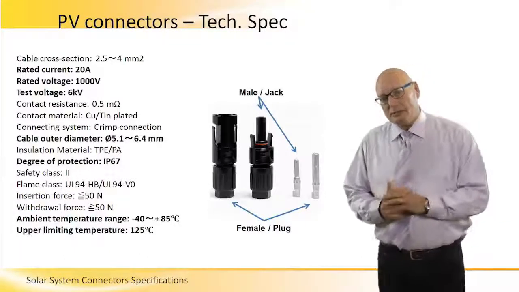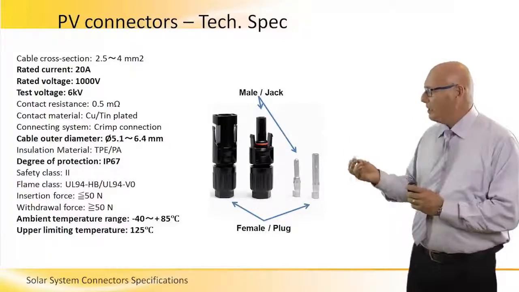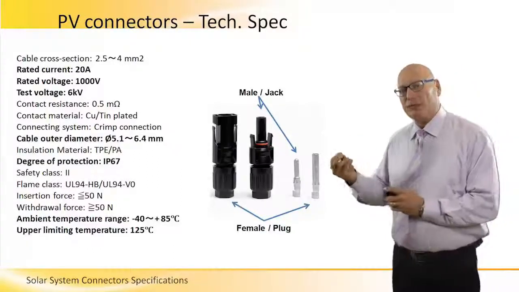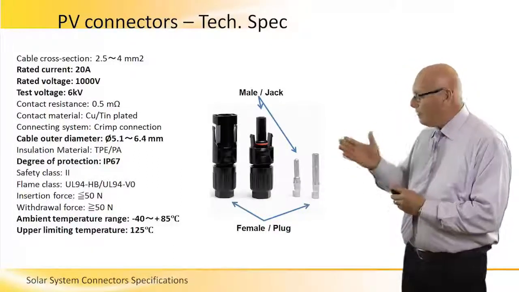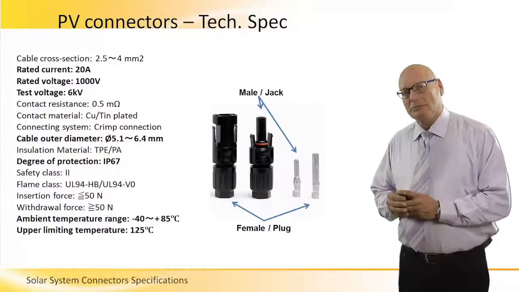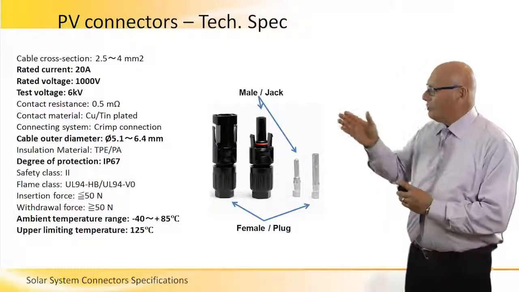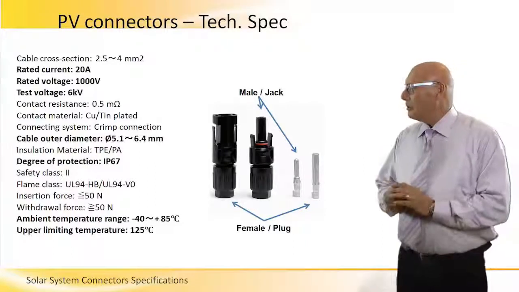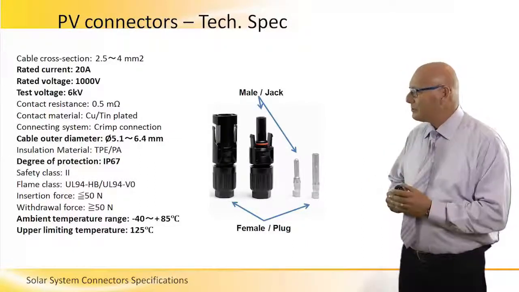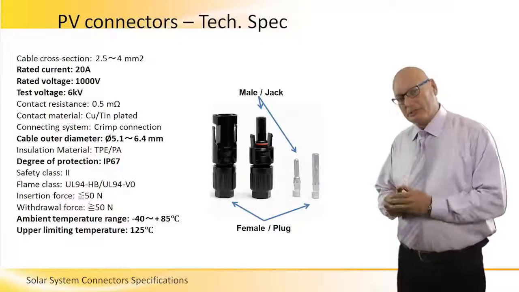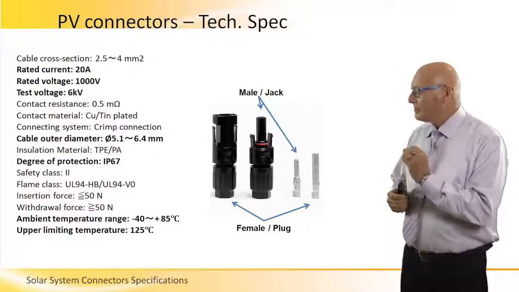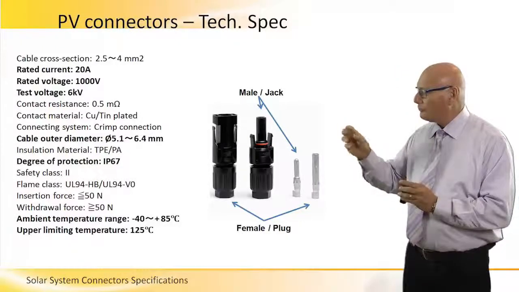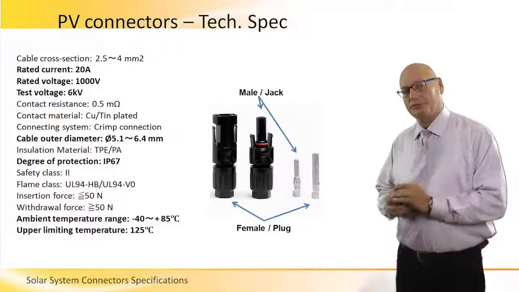In this picture, we see a typical example of PV connector, male and female. And on the left-hand side, there is a list of technical parameters, and I'd just like to point out some of them, which are the most important of all.